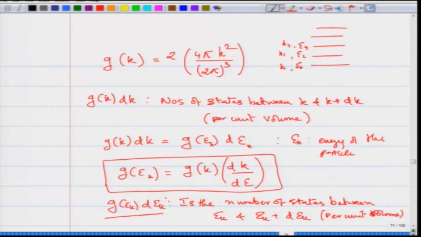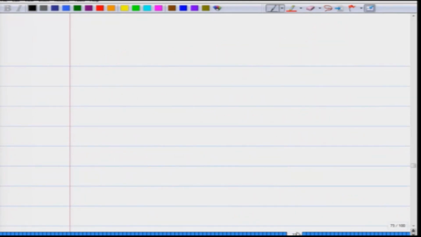So, you can rewrite this Ge, the density of states in terms of energy, as Gk dk by dE. So, we can write Ge, which is the density of states at energy Ek.